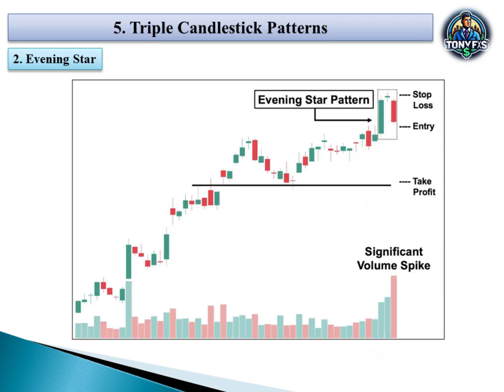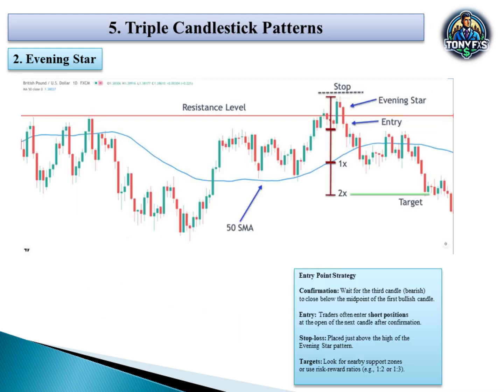Now this pattern signals weakening buyers and growing seller pressure. Many traders use it to prepare for possible sell opportunities. As a trader, you need to position yourself carefully and understand these candlestick patterns. Before you take your entry, you have to consider where this evening star candle forms.